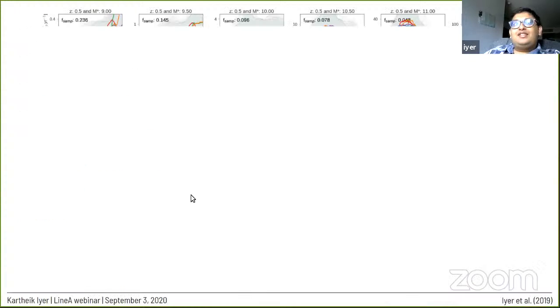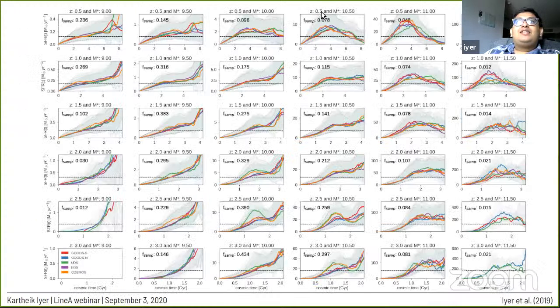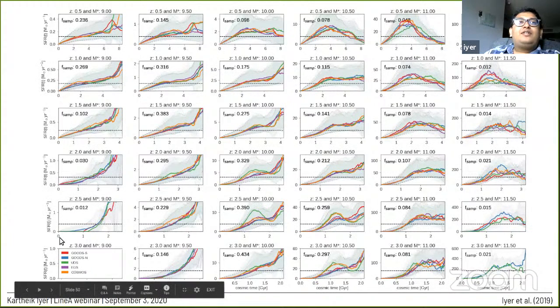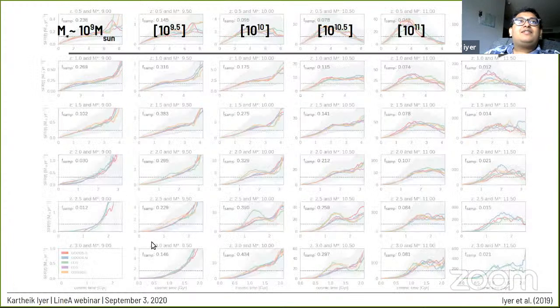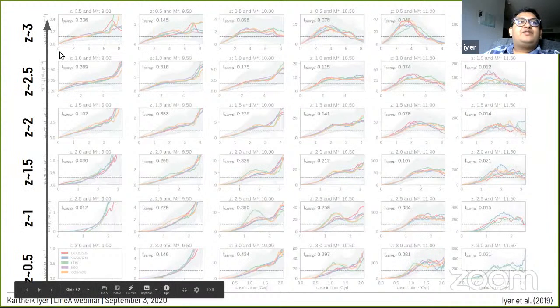Okay, so doing this allows us to fit massive data sets and figure out how star formation histories evolve as a function of stellar mass or as a function of redshift.